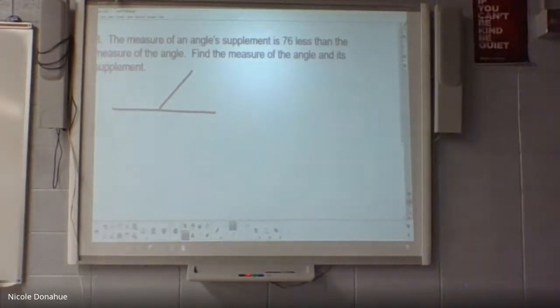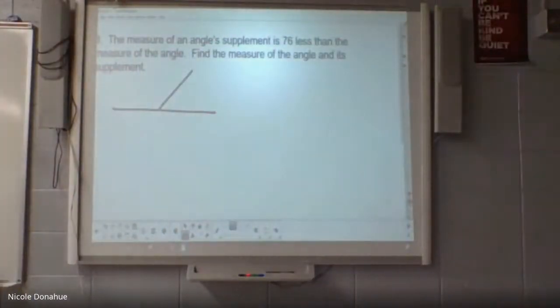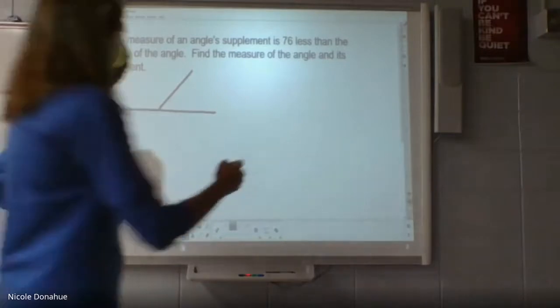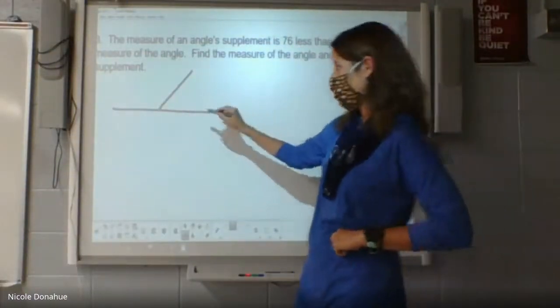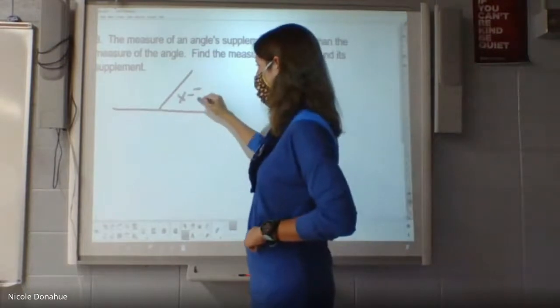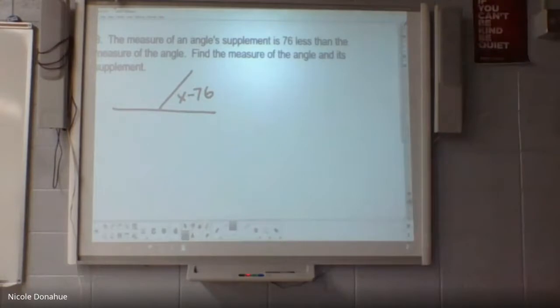If I said you have $76 less than your brother, how would you write that? How would you figure that out? Your brother's money minus your 76, right? So we're going to take the angle and subtract 76 from it. I'm going to make the smaller one be x minus 76.